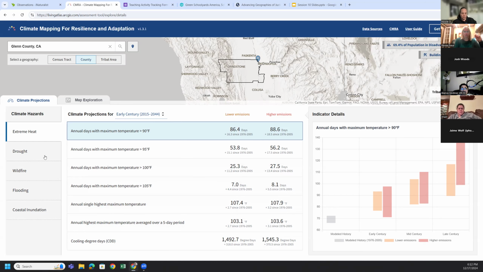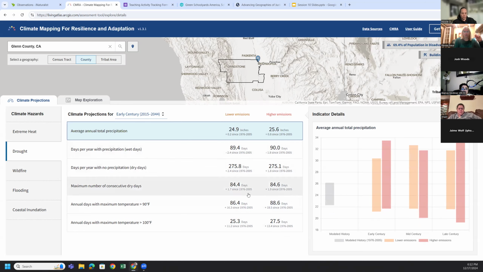So it goes through and talks about extreme heat, the duration of dry periods, like the number of consecutive dry days, how that is now and how it's projected to change in the future. The days per year with no precipitation at all. So you can see in some cases, like in Hamilton, the change is more in temperature, not so much in precipitation.